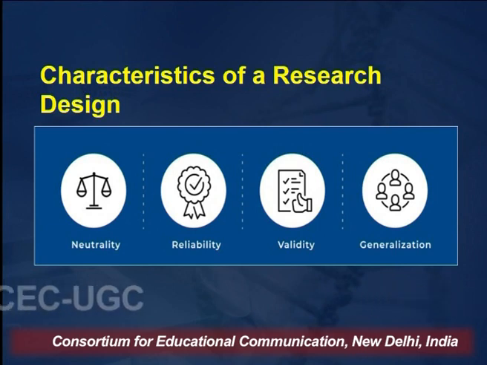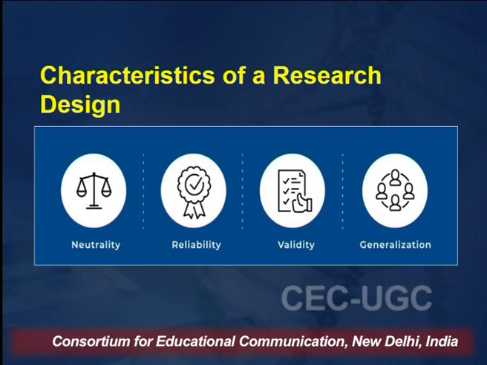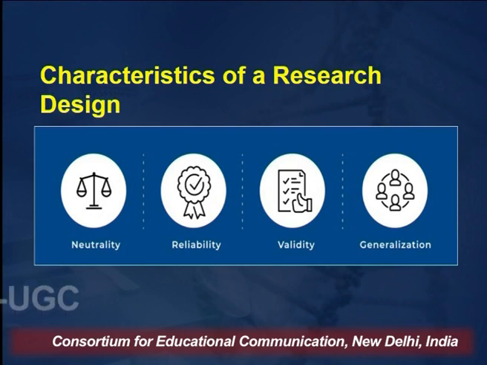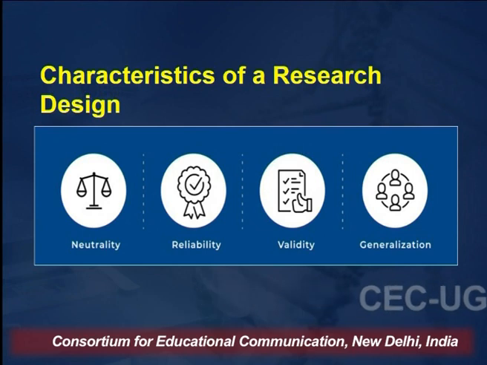Whatever components are there to execute this research design should come from an authenticated source. So you are not designing randomly. Even if it is something innovative, that innovation also has to have a backup of a knowledge source.